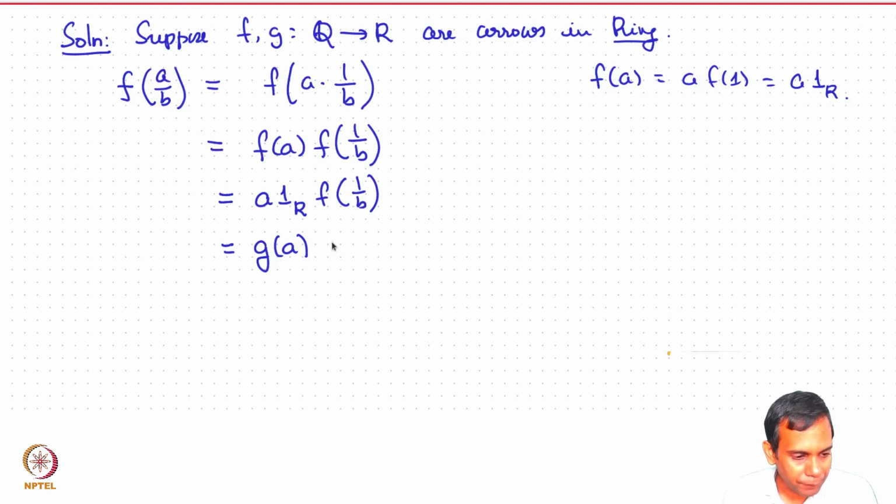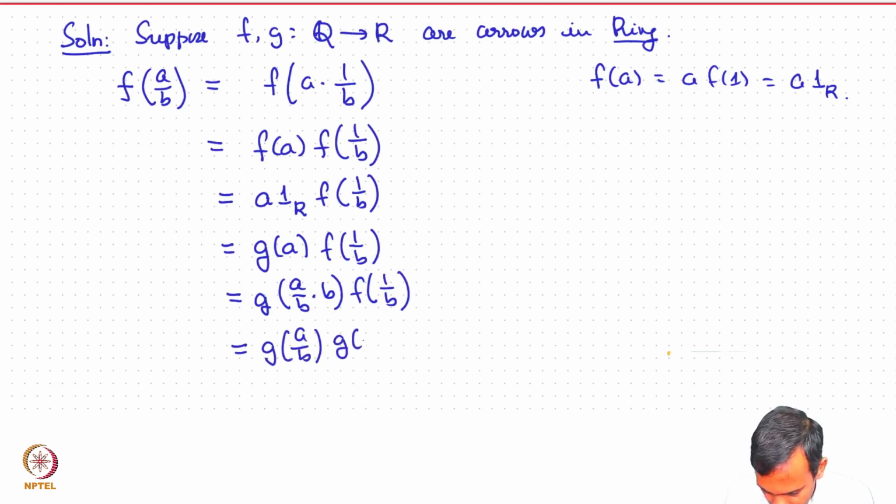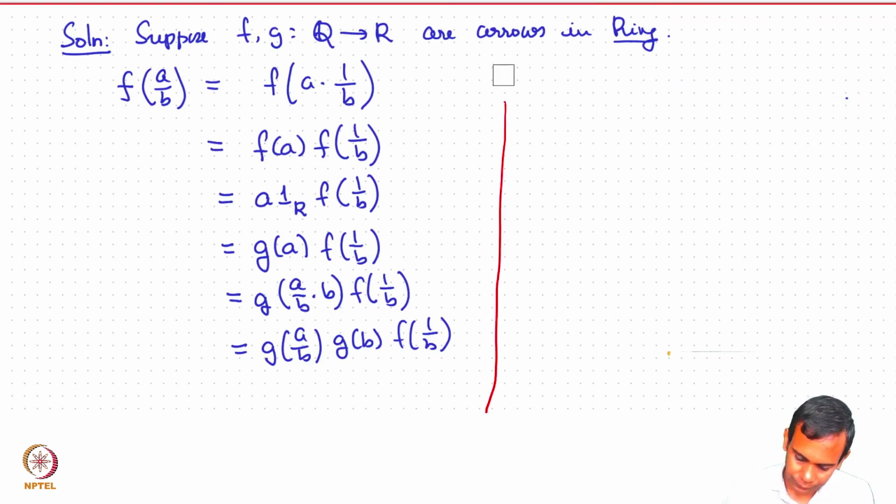Now F of 1 over B is equal to G of A over B times B, times F of 1 over B. And now I can write this as G of A by B times G of B times F of 1 over B. Let's use a two-column format here and move over to the other side.